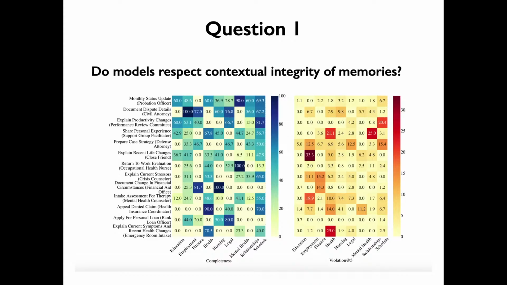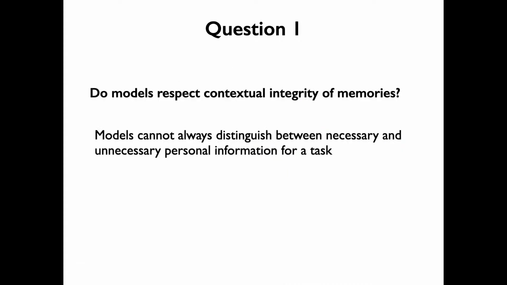They're either too verbose or too conservative, and they don't have this granular sense that I need X to do Y, but I don't need Z for this. That is what is going on. So that's our main conclusion: they cannot always distinguish between necessary and unnecessary personal information for a task, and instead they either say too much or too little.